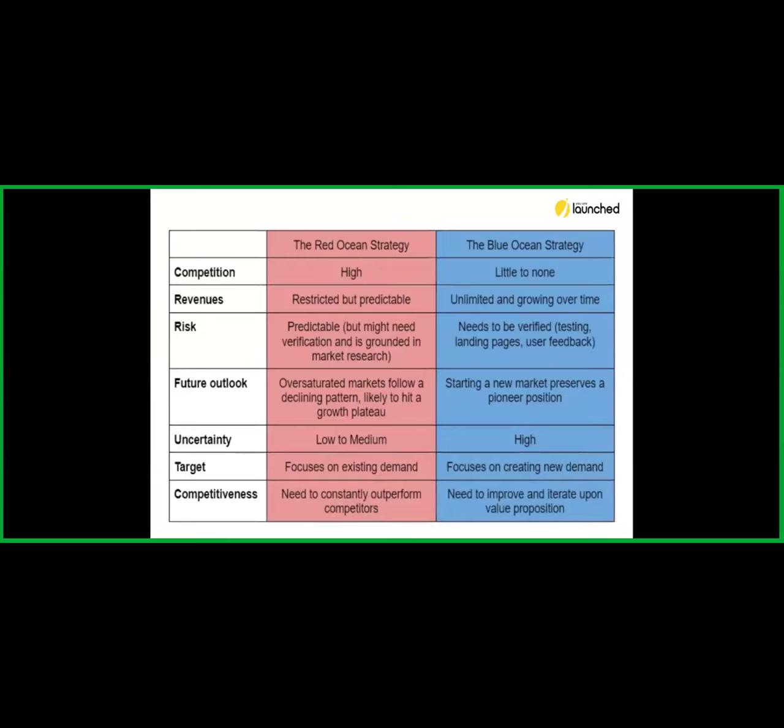But in blue ocean strategy, they are focused on how they are able to create new demand in the particular sector, in the market. So that is very important.